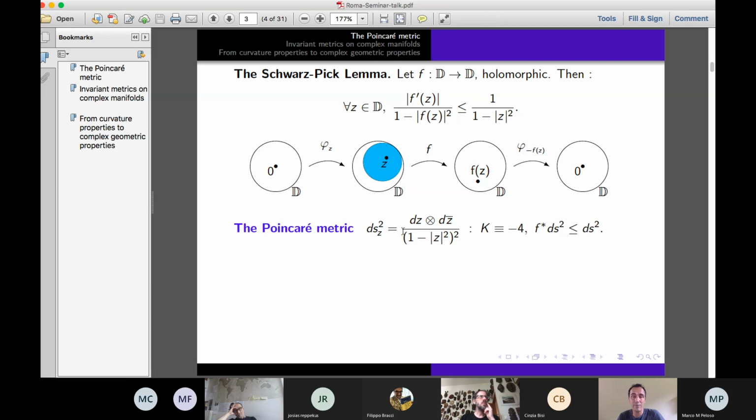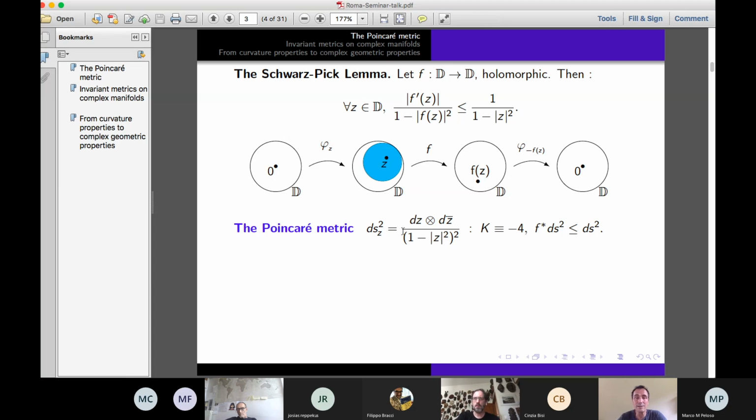And then you have a formula that tells you precisely how to compute the Gauss curvature, and then you arrive at the fact that the curvature of the Poincare metric is constant, and it's negative. Some people write -4, some people write -1. It really depends where you come from. If you come from differential geometry, it's one of them. If you come from complex analysis, it's the other one. Here, I just wrote that it's -4, and it's just a normalization problem.